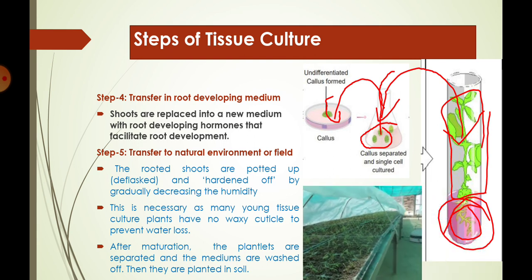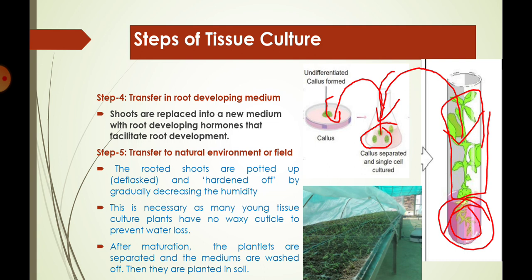That is an adaptation period, and they are given to an environment that has lower humidity, and it will make them adapt to the natural environment, and this adapting process is called hardening off. And when they are adapted, they are called matured plantlets.